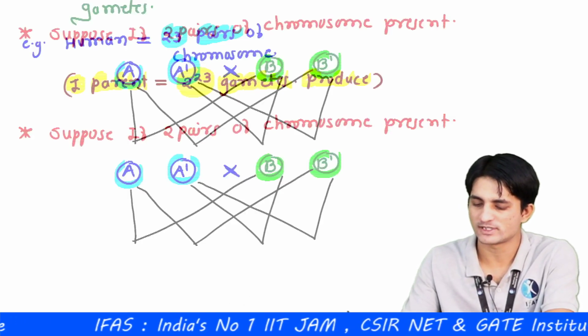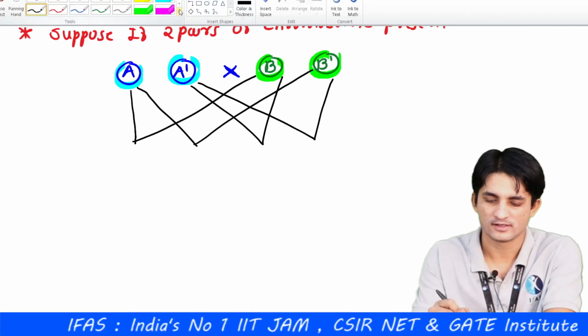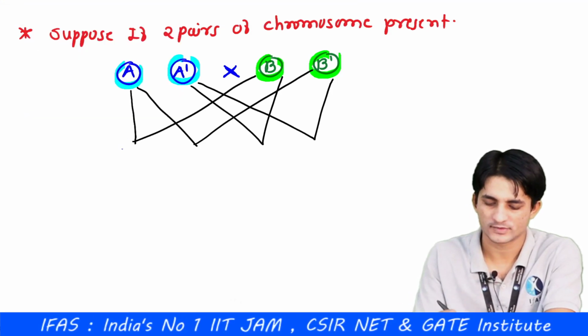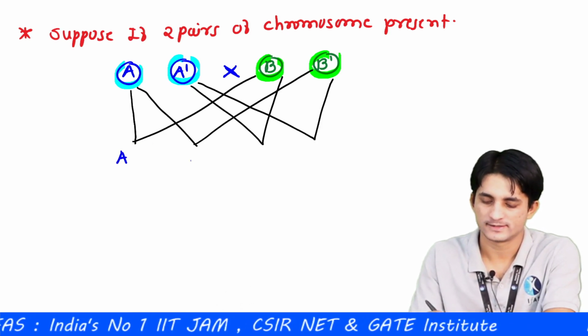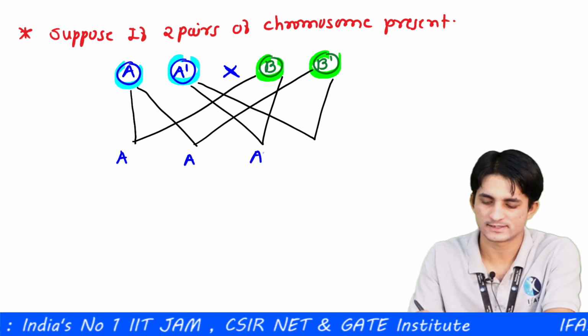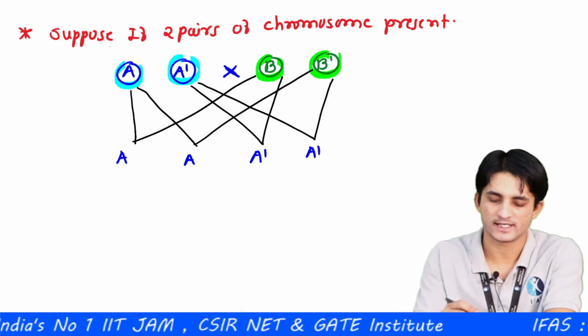So how many possible combinations are there? Here the combinations are: A, A, A dash, A dash.